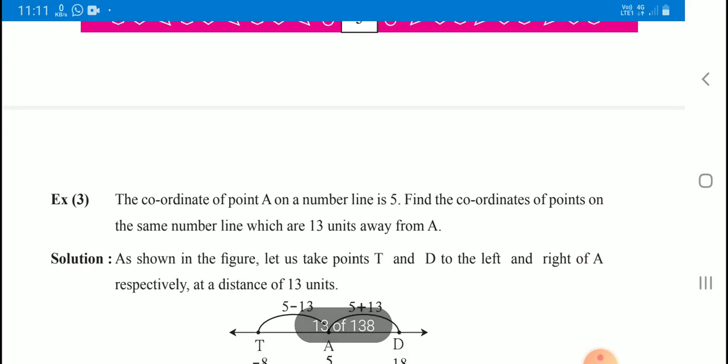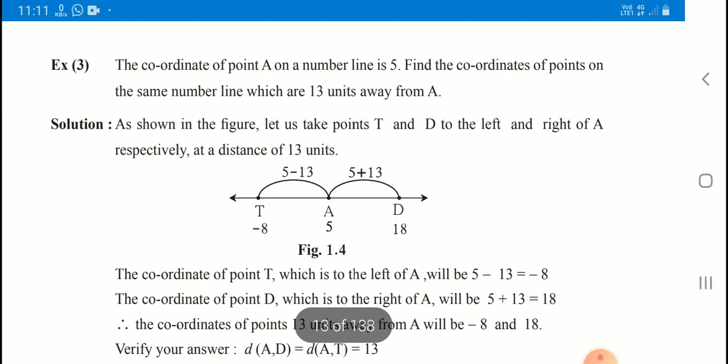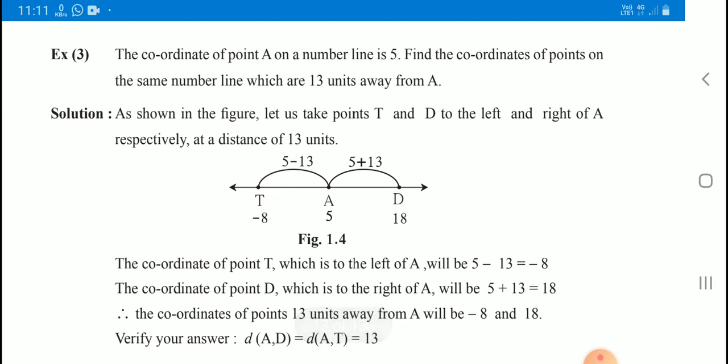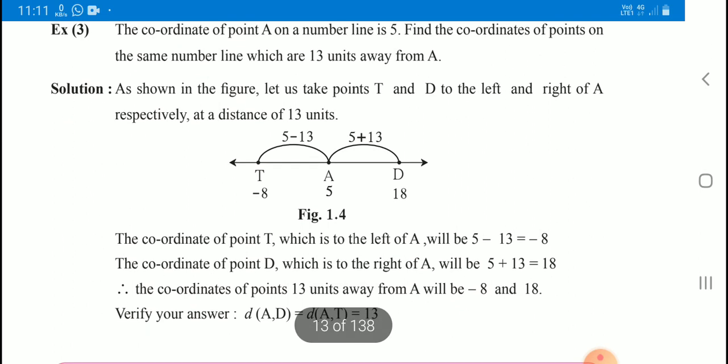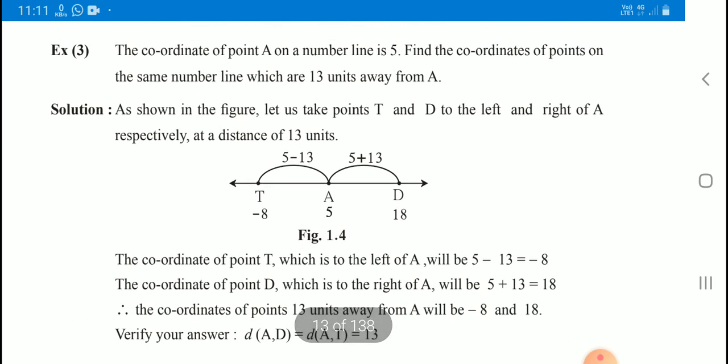Now, the next example, they have given that the coordinate of point A on a number line is 5. Find the coordinates of points on the same number line which are 13 units away from A. Now here we have to consider the points from left and right.